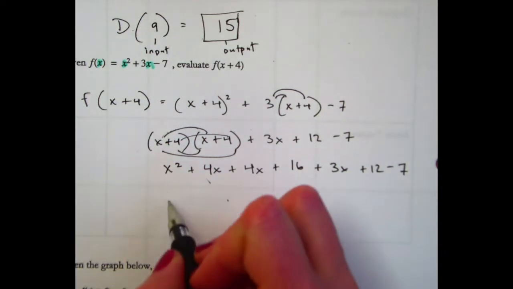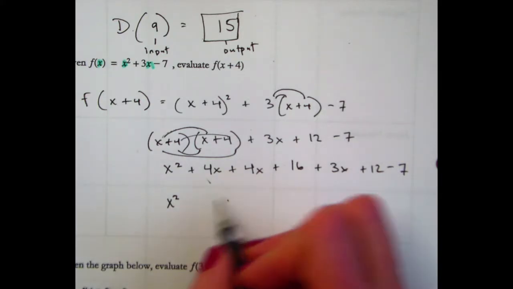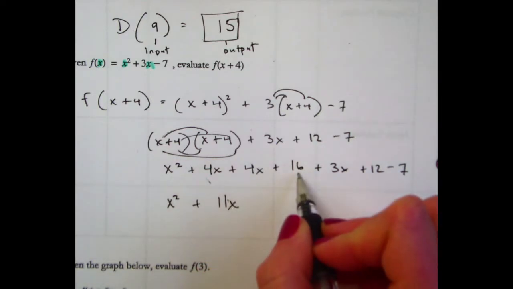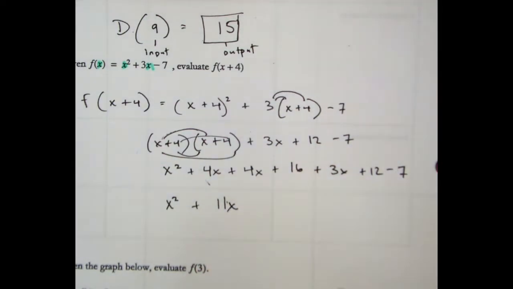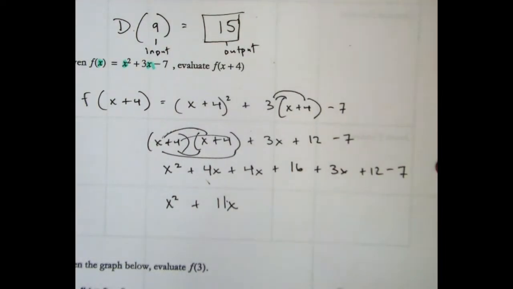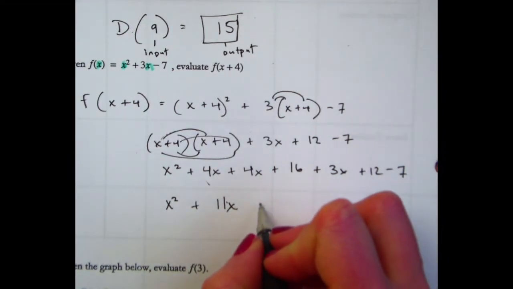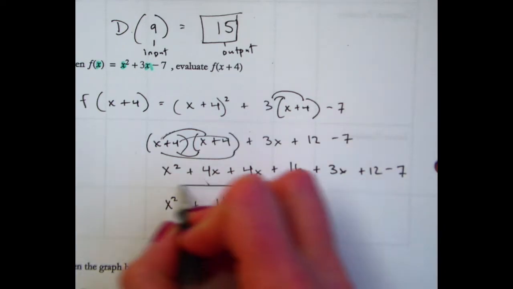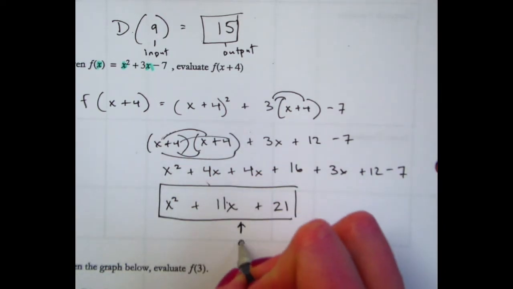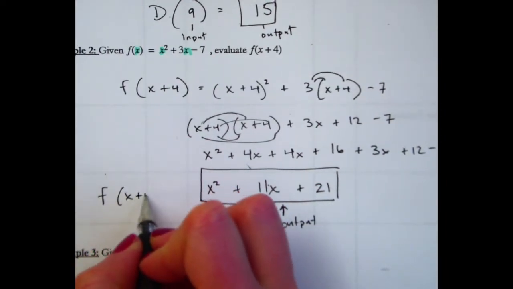So x squared, 4x plus 3x is 11x, plus 16 plus 12 minus 7, which is 21. And that would be my final output. That corresponds to the input of f of x plus 4.